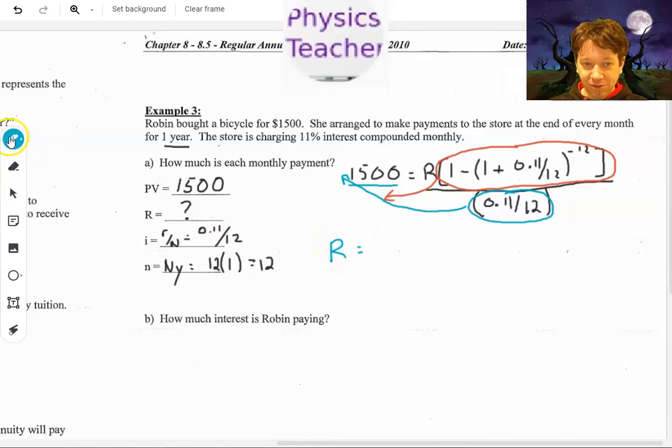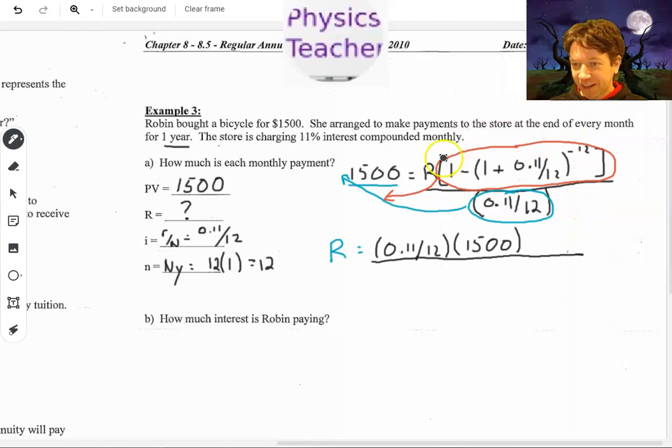And that R is going to equal this bracket, so 0.11 divided by 12 times our 1,500, all divided by that big bracket here on the numerator, 1 minus bracket 1 plus 0.11 over 12 to the power of minus 12.